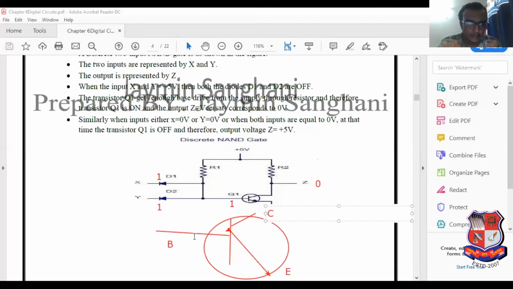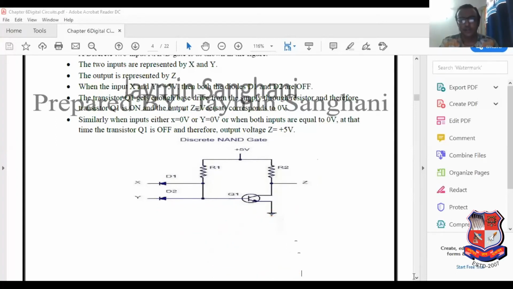So if we apply 1 here and 1 here, then here we get 1 also, but at the collector terminal we get 0 volt. That's why in a NAND gate, if 1 1 is applied, the output is 0. So it is known as a NAND gate.